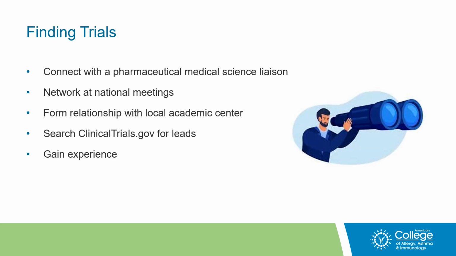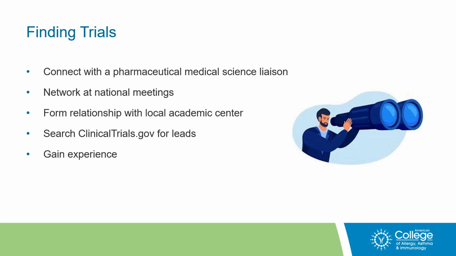So now that you have set up your research site and you've done the appropriate training, how do you go about finding research trials? One way is to connect with the pharmaceutical medical science liaison about potential trials that are ongoing at their particular industry sponsor. Another way is to network at national meetings, which is a great way to talk to different sponsors about ongoing trials.